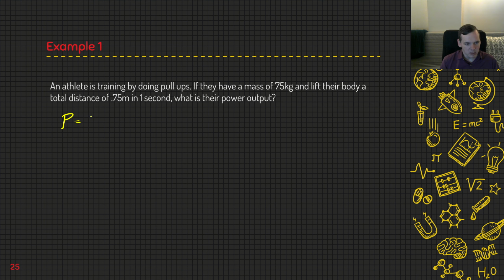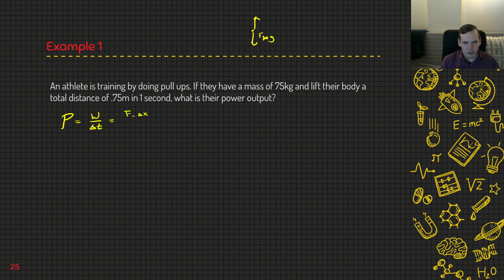So power is equal to work over change in time. That's going to be equal to the force parallel times the change in distance over change in time. And the force, if we think about our free body diagram, how hard do they have to pull to move their body up?